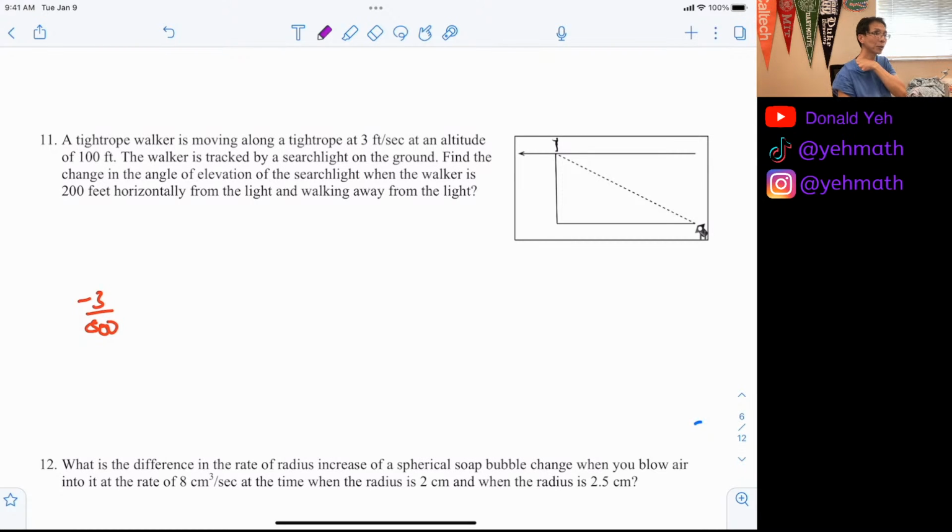Ask each other which trig function did you use first before you move on. Cosine's not the right one.